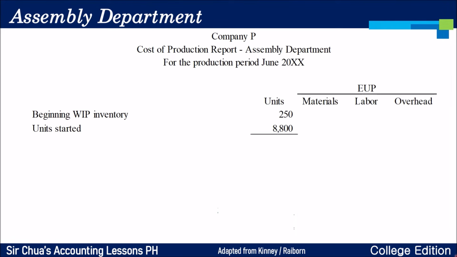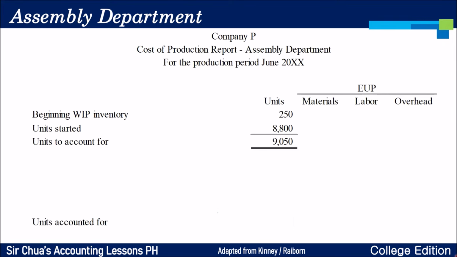So my goal is that I need to process 9,050 units in this department for this period. Now, for accounting reports, this actually should be reconciled, no? However, for purposes of problem solving, we are doing the squeezing technique. So we will be doing it like this.